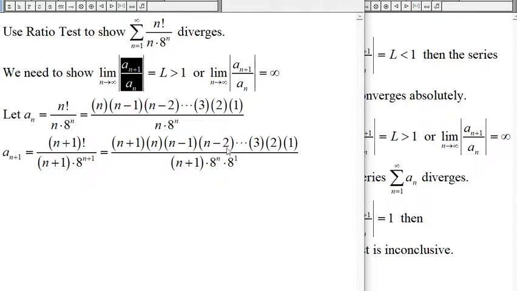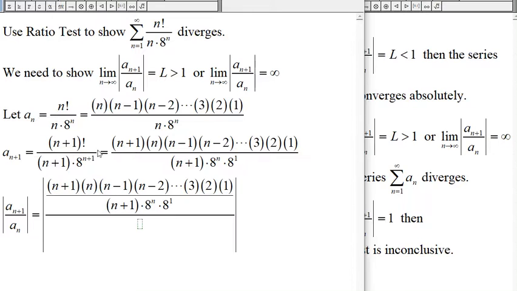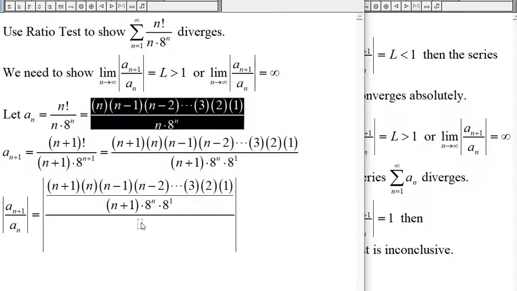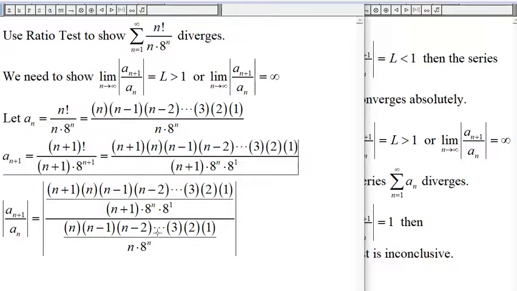And then now we need this ratio right here. A sub n plus 1 is this. And then a sub n is this. And then we can see that the a to the n and a to the n will cancel out.